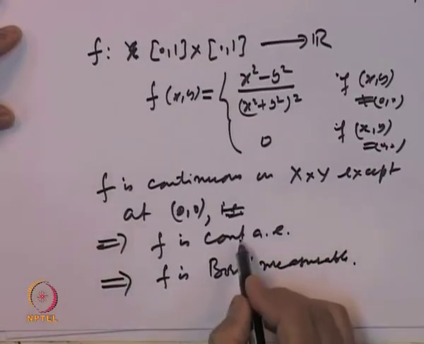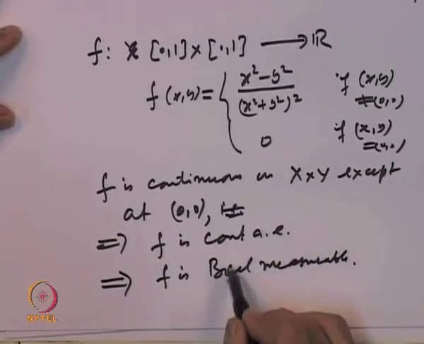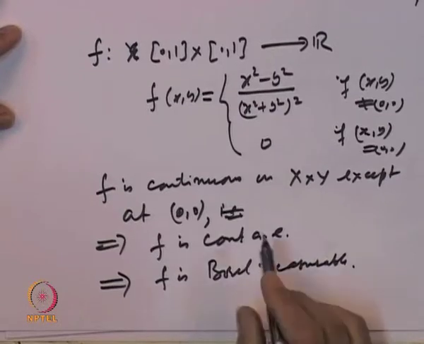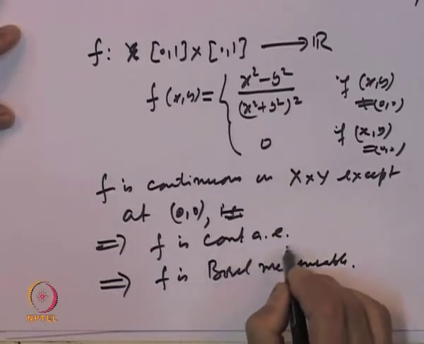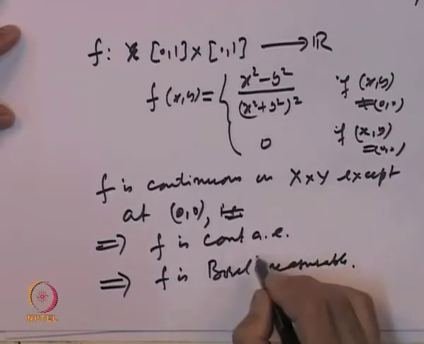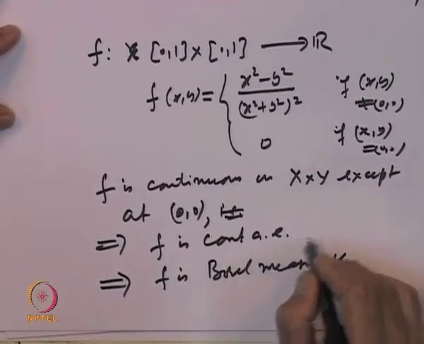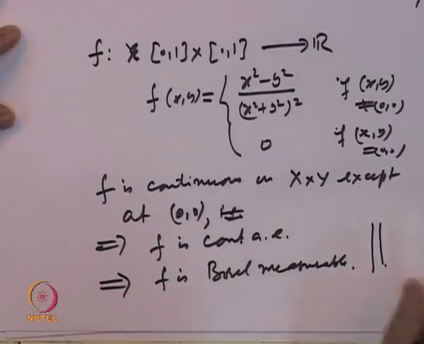Okay. Because continuous means inverse images of open sets are open, and hence they will be Borel sets. And to show that the inverse image of every Borel set is Borel, you apply that sigma algebra technique. So, we have shown that every function that is continuous almost everywhere is Borel measurable.